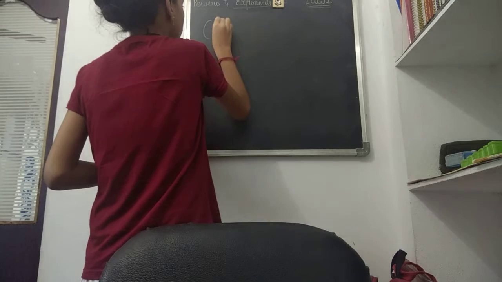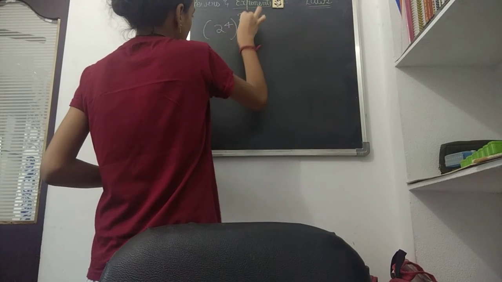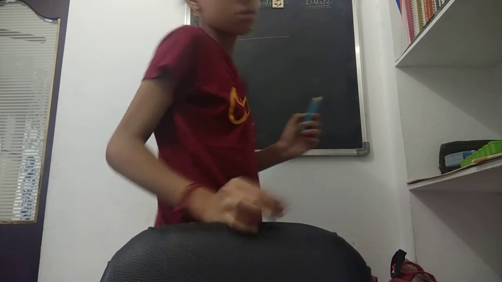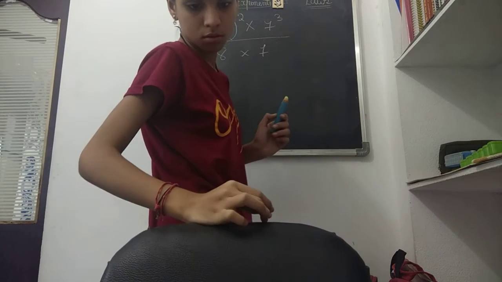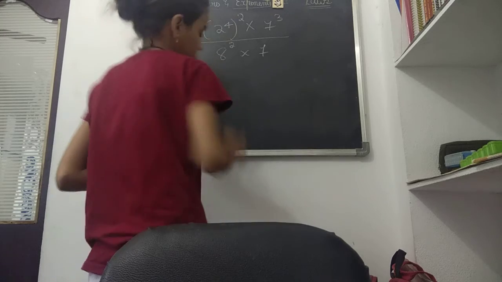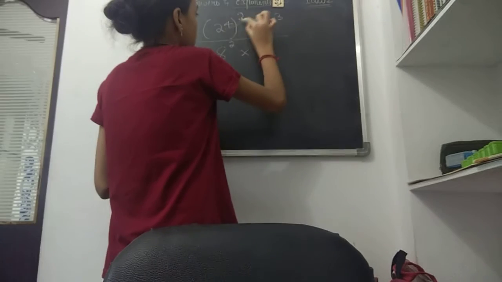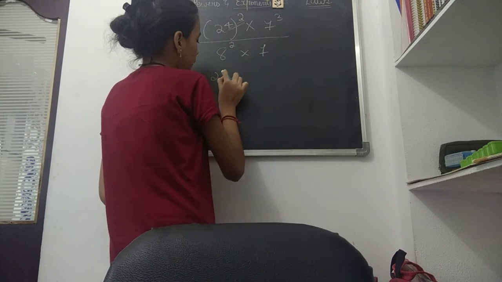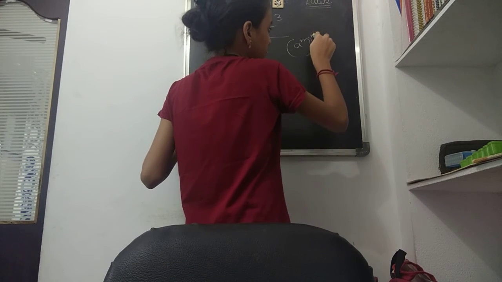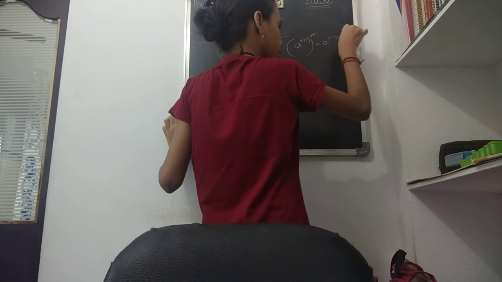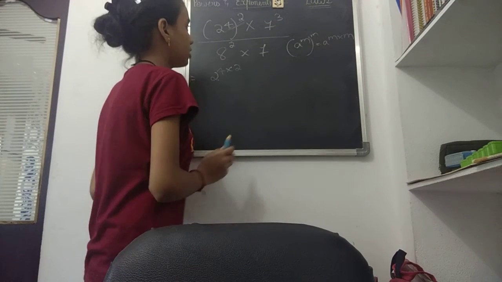Now let us simplify the sum. First, we should solve this. Then, using the property a^m into a^n, we can solve this.